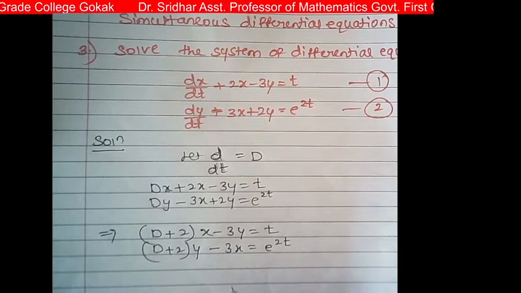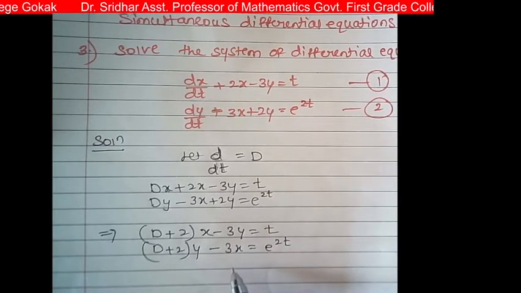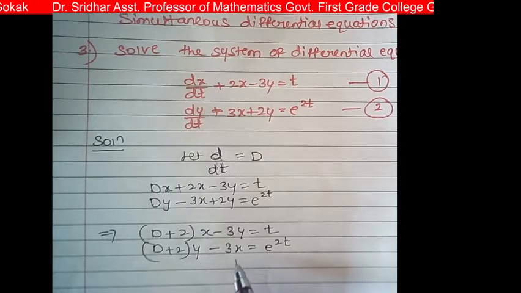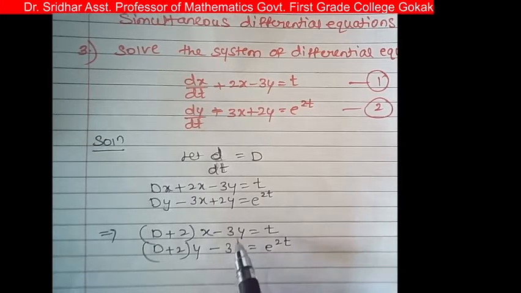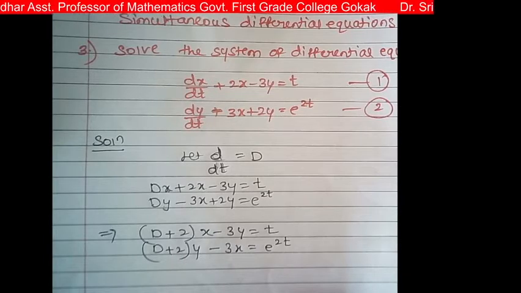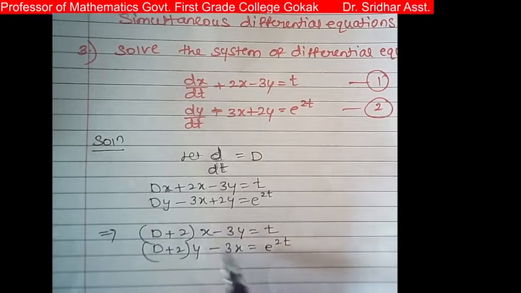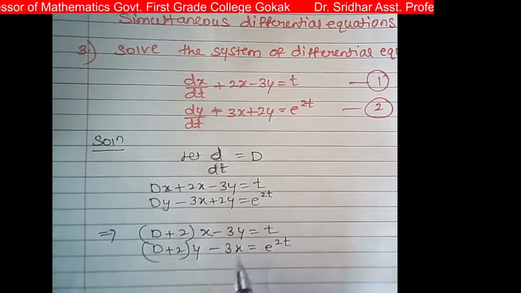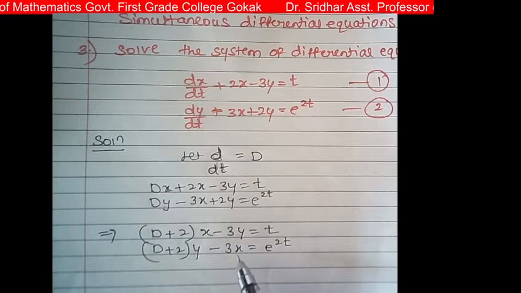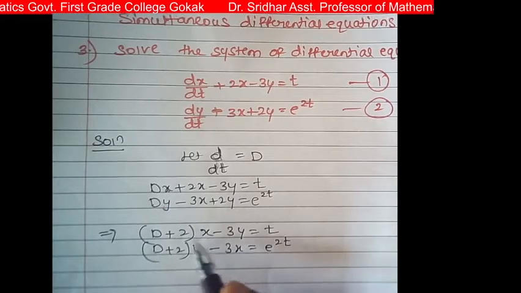Okay, so now we have to eliminate one of the unknowns. So let us eliminate x. To eliminate x, we have to make the coefficients of x in both the equations the same, right?